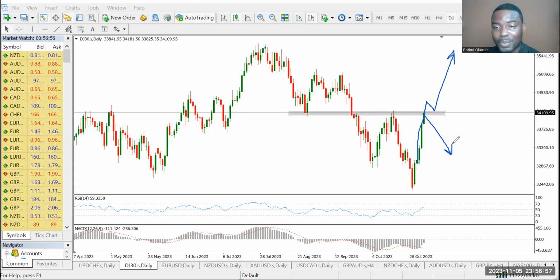So it's a dual view. It all depends on how the market really chooses to move. So if it's a strong bullish breakout, price will break out, retest the old resistance, and at that time again, that resistance will turn to support and it will break out upwards. Otherwise, price will actually reverse from the current position.